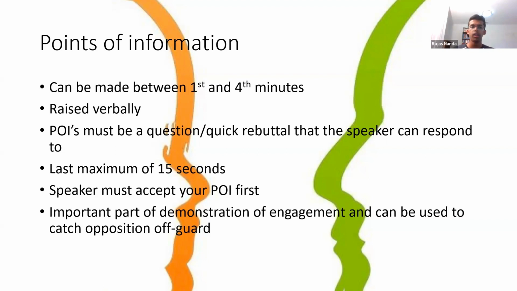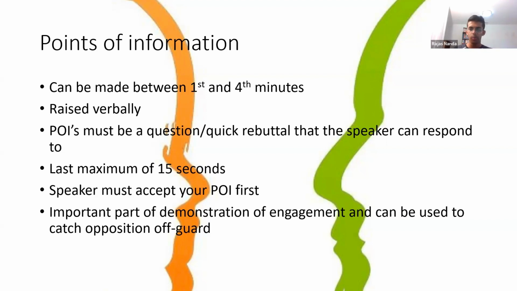It leads to a greater amount of logical thinking having to be displayed, and it goes both ways. From a judge's perspective, if someone asks a POI, that's usually seen as a good thing. It shows that they're engaging in the debate and that they're willing to ask POIs.